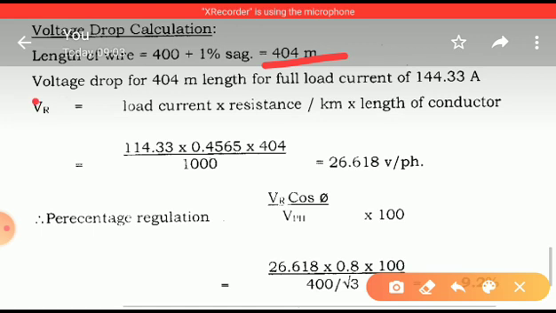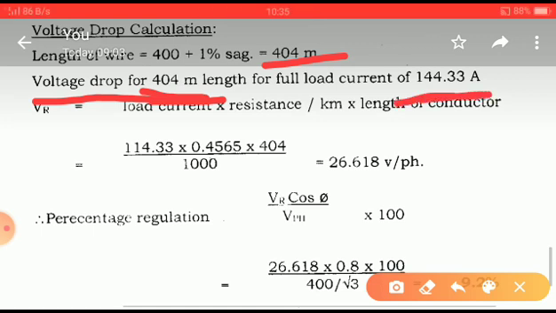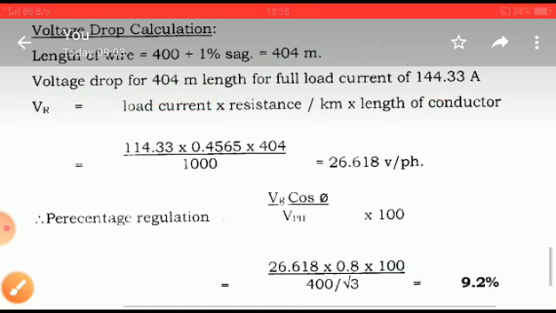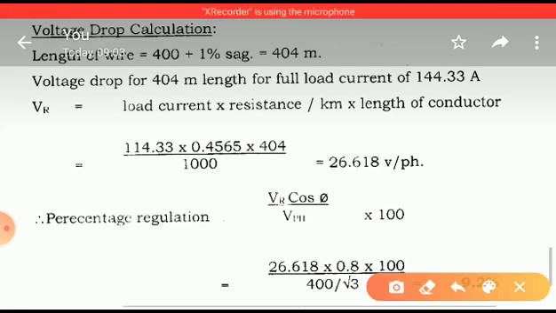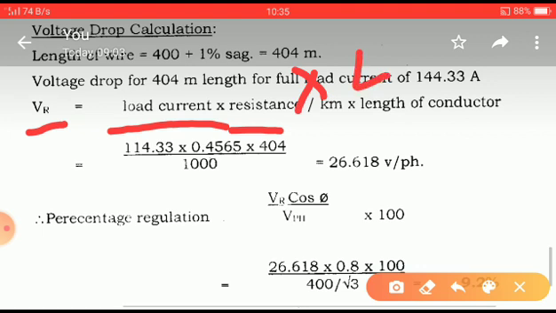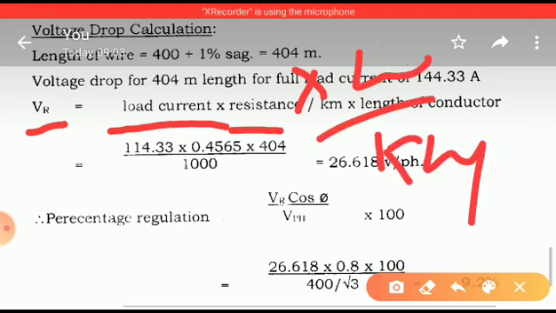So we have to calculate the voltage drop for 404 meter length of wire, with 114.33 ampere current flowing through the wire. The formula for voltage drop is current into resistance into total distance per kilometer, because they have given per kilometer.